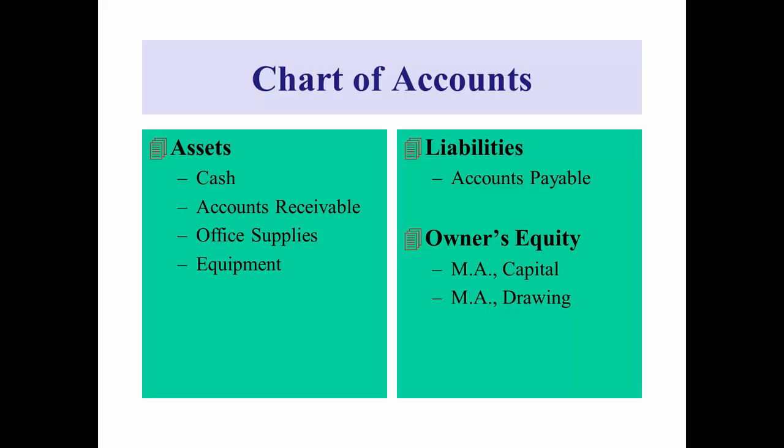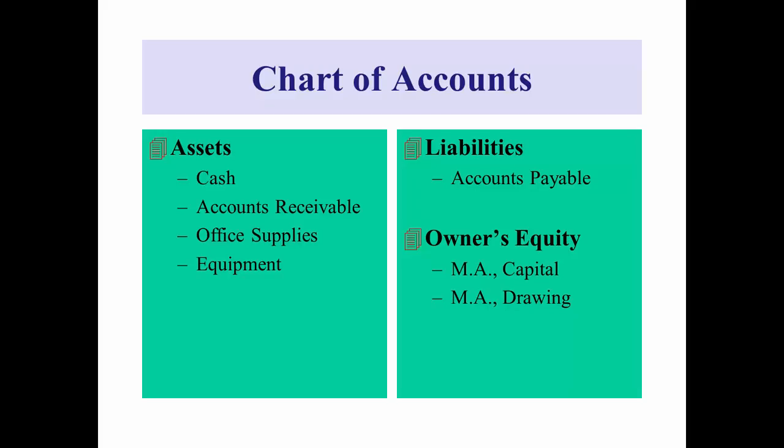You can put the owner's name in just initials, M.A., comma, capital, and M.A., comma, drawing. Capital is the account we use if the owner is investing, putting money or equipment into the business. M.A. drawing is a withdrawals account, for when the owner is taking money or equipment back out of the business.